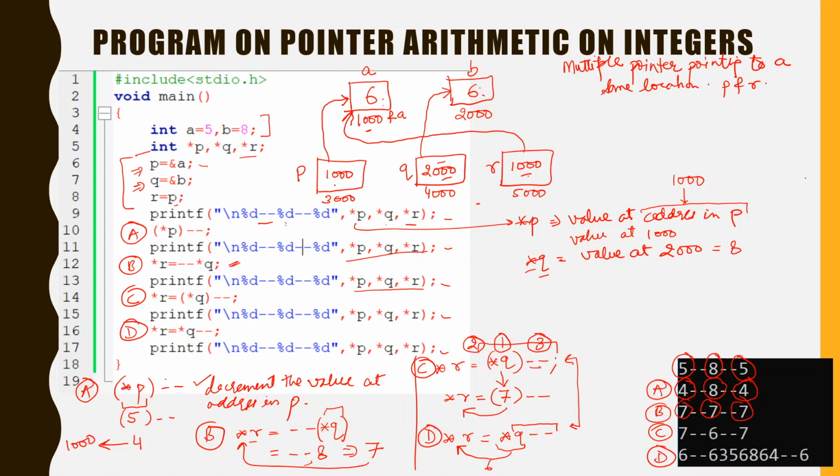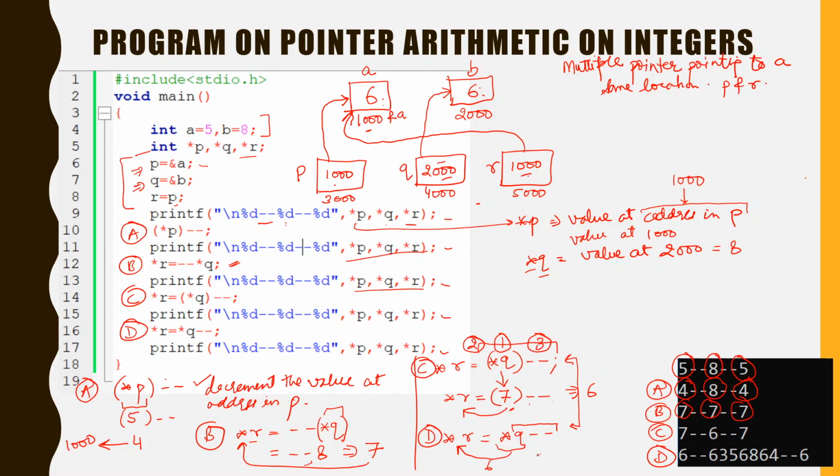Here the decrement operator was applied on the value at address in q, that is, the decrement of the value took place because the value was 7 and the 7 was decremented to make it 6. Here the decrement is inside the q.